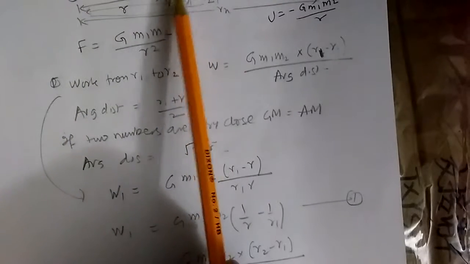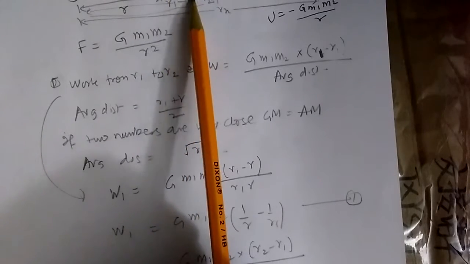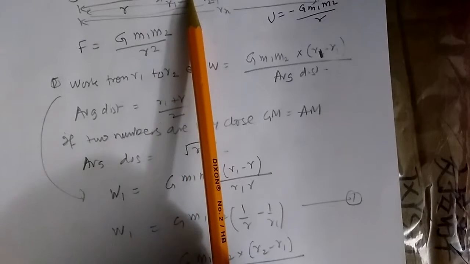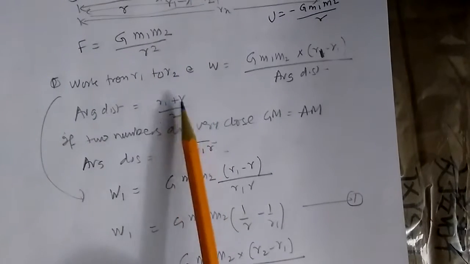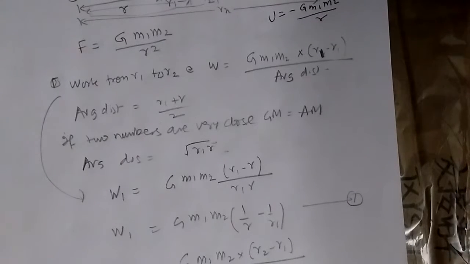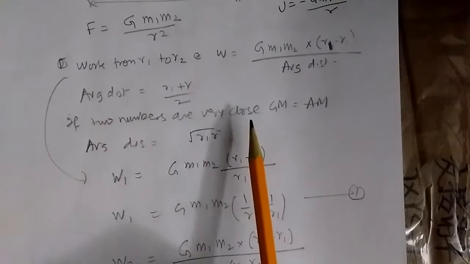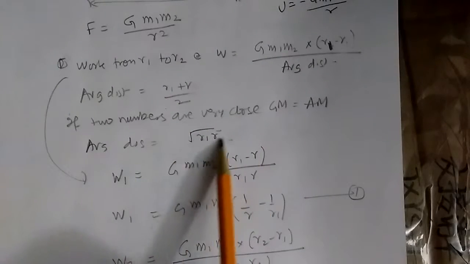As we take this mass from this position to this position, the average distance between these two is not r, it's not r1, it's somewhere in between r and r1, and that is r1 plus r divided by 2. Now we use a special mathematical trick. If x and y are two very small numbers, then their arithmetic mean is about the same as their geometric mean.